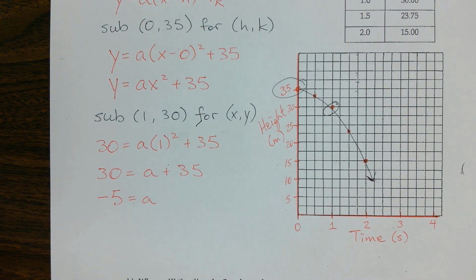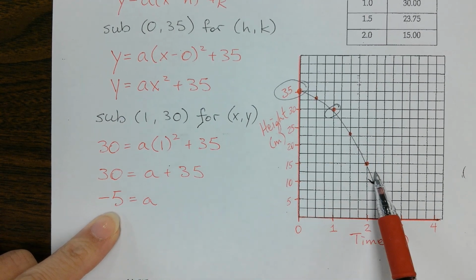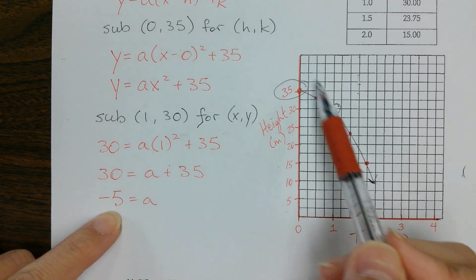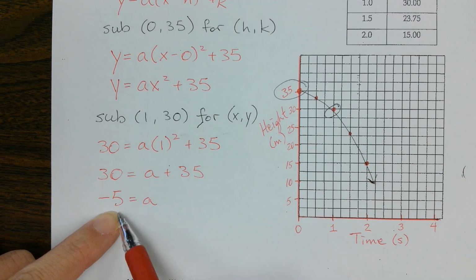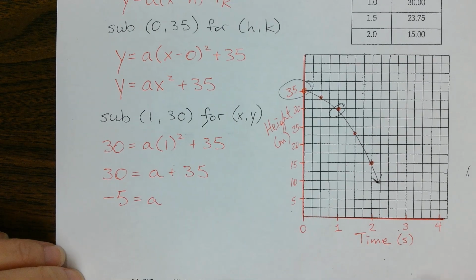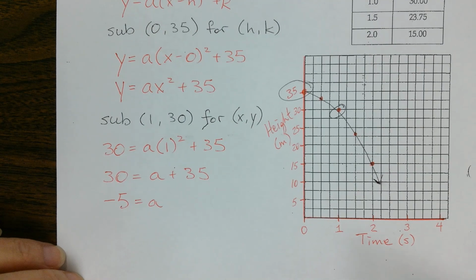Okay. And every time I get the a value, I take a look at my graph to see if it makes sense. My parabola is opening down. My a is negative. That makes sense. Over 1, down 5. That makes sense. Okay, so yeah, seems like I have the right a value.